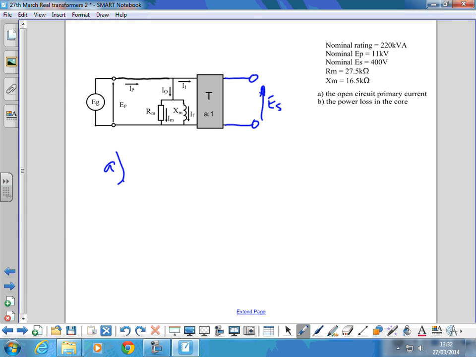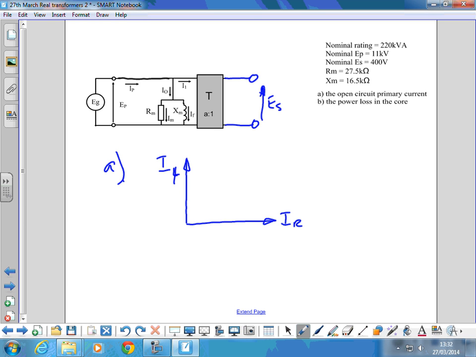It's worthwhile thinking about a phasor diagram here. We're going to get a current IR, and a current IL, or IF, through that.